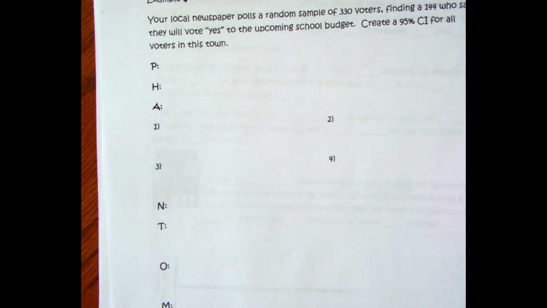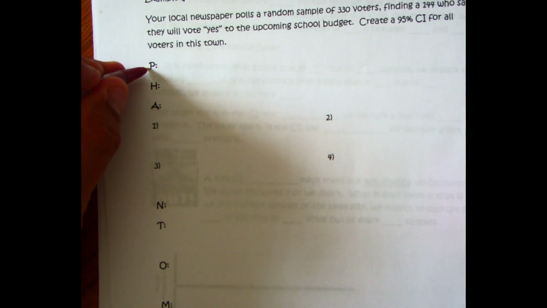So P is our parameter, and we're looking obviously here for a percentage of people that are going to vote yes to the upcoming school budget. So our parameter, this P does not stand for our proportion. This P stands for parameter. So you must put the parameter down. Our parameter is P.